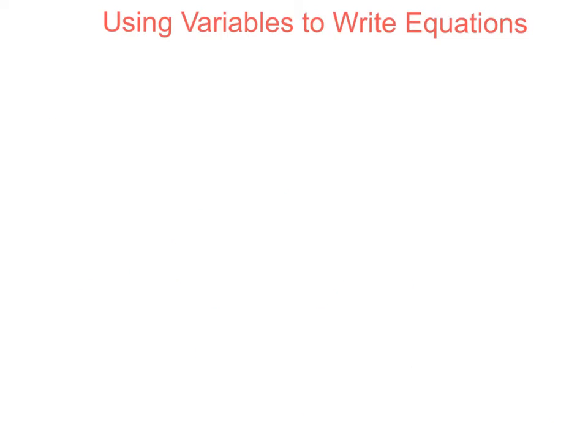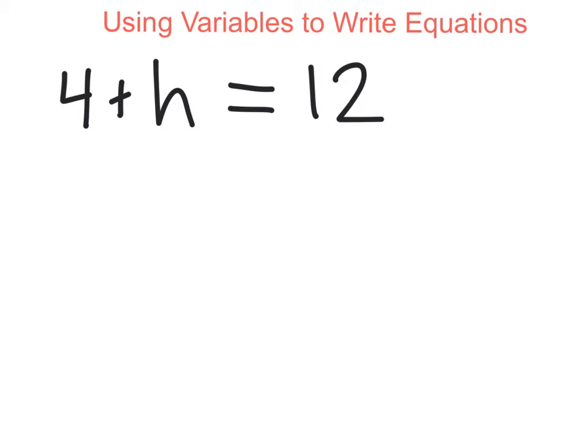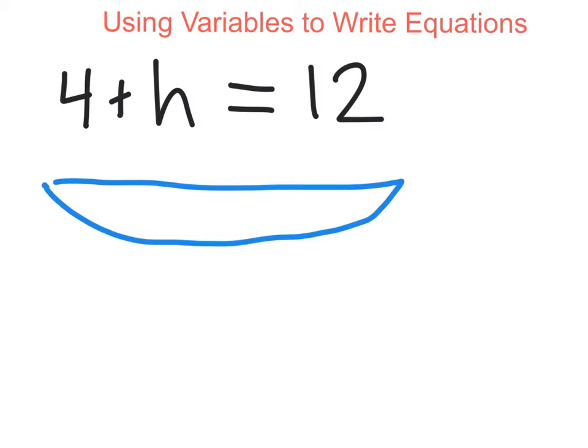So remember, a variable and an equation is very important. The equation has to be equal on both sides of the equal sign. So here we have 4 plus h equals 12. Okay. Now if you think of the equation like a boat, I'm going to draw my boat. Alright, there's my boat.